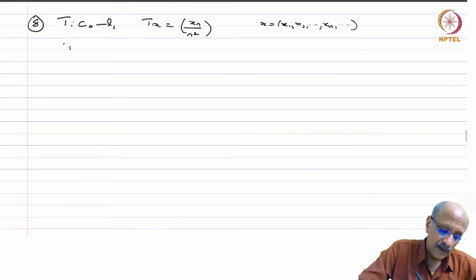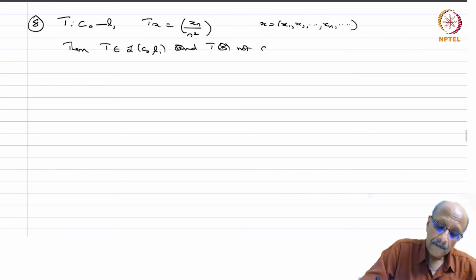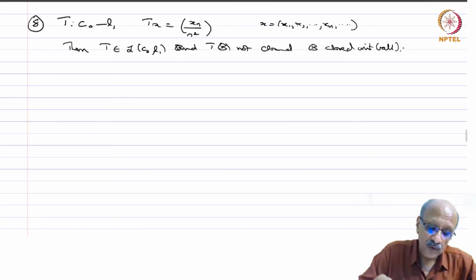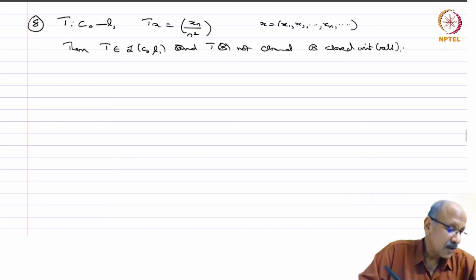So then T belongs to L(c0, L1), but T of B is not closed. So B is the closed unit ball. So it's not necessary for closed sets to go to closed sets, okay, if you have this. Okay, so let us take norm Tx.